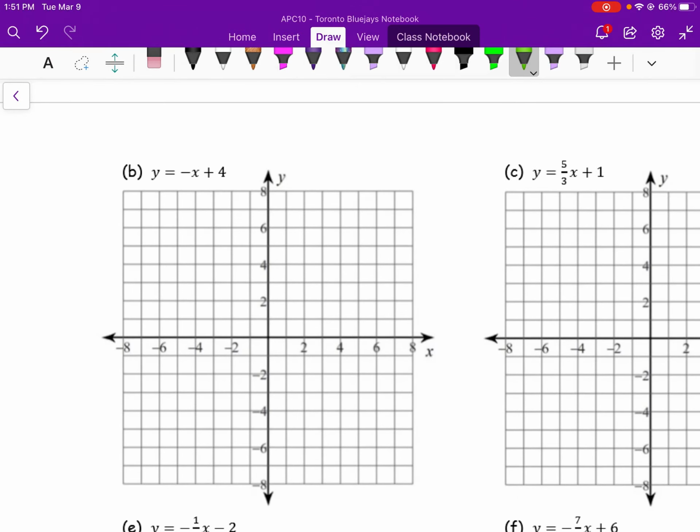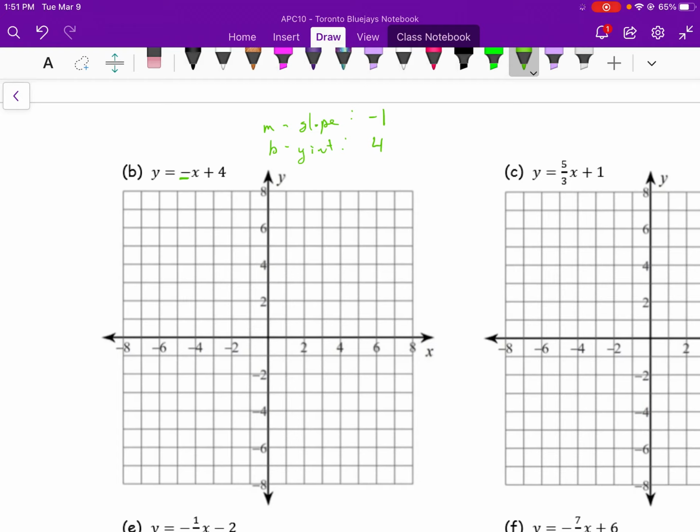B. So I'm going to identify my slope, which is m. My b is my y-intercept. So my slope is -1. My y-intercept is 4. Remember, m is the coefficient in front of x. Here it says negative, but it's going to be -1.